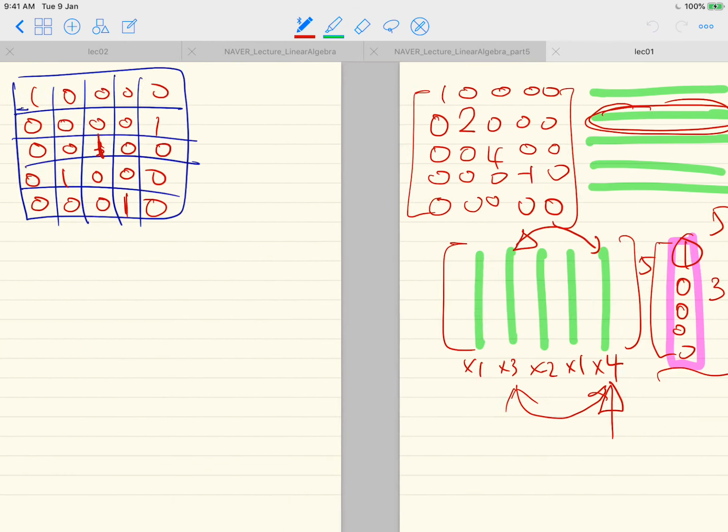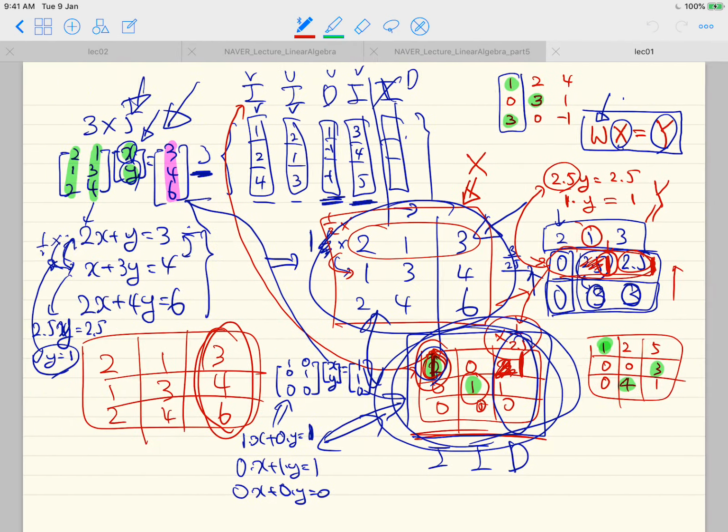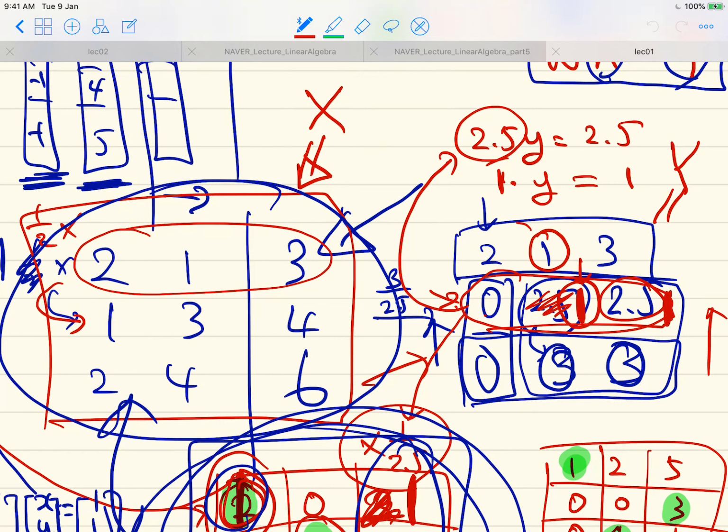So for example, in this previous case, we did a row replacement that changes the second and the third row, and then we moved onto this guy, and then we removed that 3, right? So we can think of the second row operation step, or row replacement, that makes that 3 as 0.